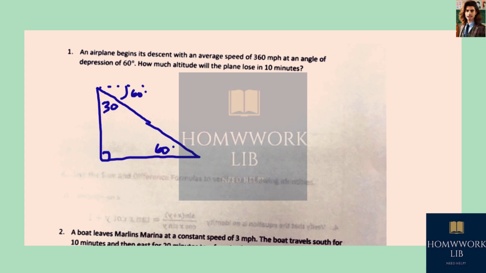We want to know how much altitude it will have lost. The altitude is the vertical, after 10 minutes. Well, if it's traveling 360 miles per hour, then we know there's 10 minutes.